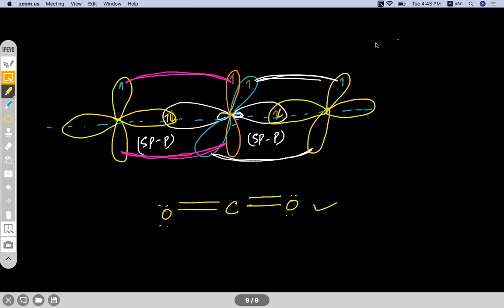But if a molecule is given like this, CO2 and other molecules, then you have to draw the orbital diagram like this, and then you see which orbitals are taking part in the reaction, which are not, and then you can choose the orbitals which go into overlap, intermixing, and form hybrid orbitals here. This is what you need to do. The actual method is this, by which you can find out the hybridization.